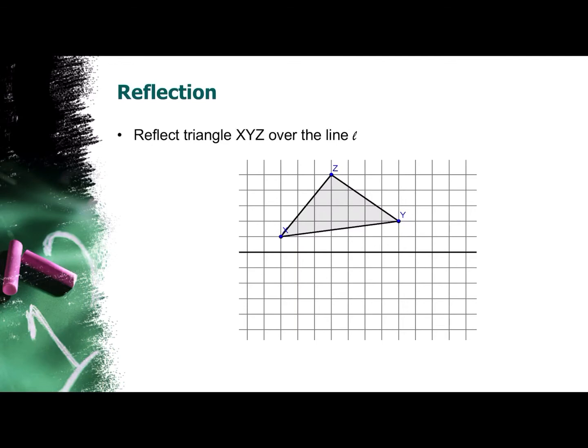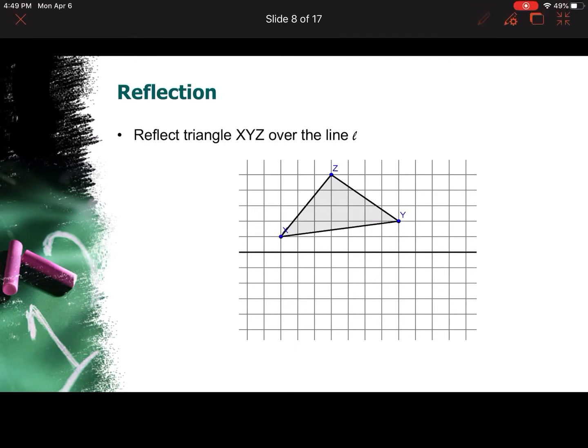Sometimes we can figure it out just by looking, because it's on this grid. This is the first one on your paper, and there are 3 there for you to do. This is a reflection over the line L, which is that line. For some reason, the L did not transfer over here, but we are looking at the perpendicular distance, the line that's perpendicular to the line of reflection, and the same distance away.